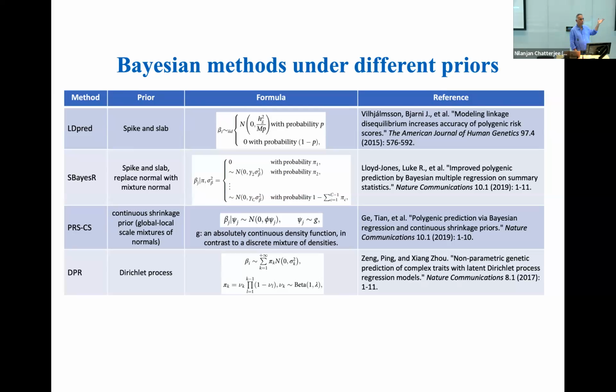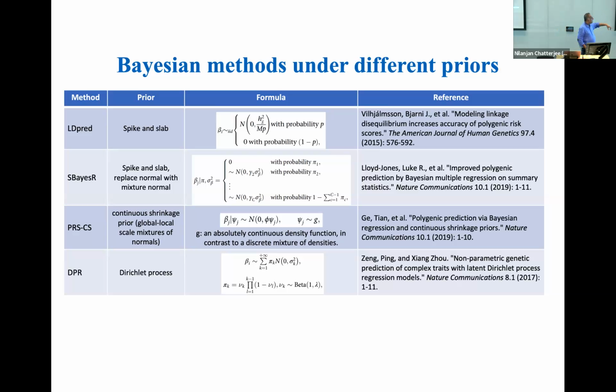It assumes a proportion of SNPs have no effect, and the remaining proportion have effect sizes following a normal distribution. Other extensions allow mixtures of normal distributions instead of one normal distribution for non-null effects, so that you allow for SNPs with larger effects. Maybe some SNPs have much larger effects than others, so we may need a mixture of different normal components.